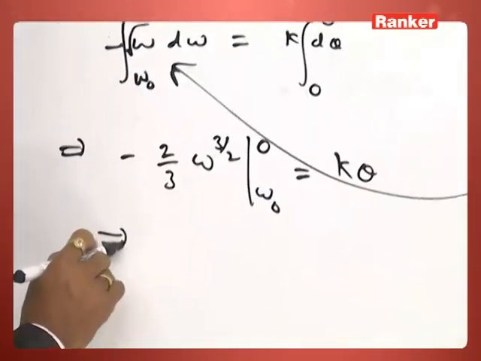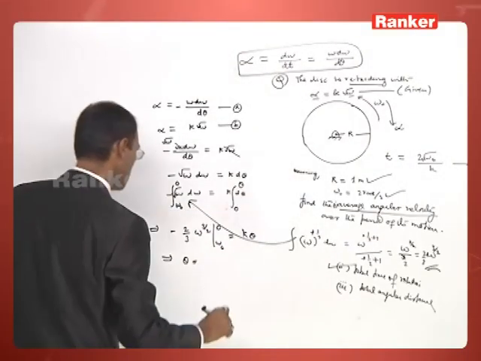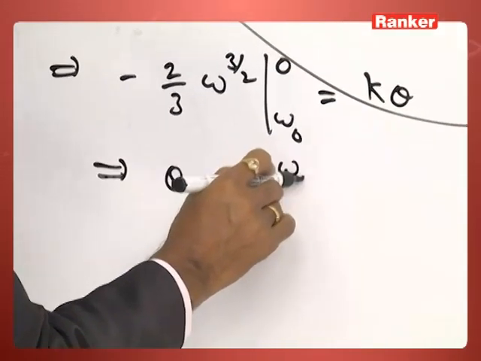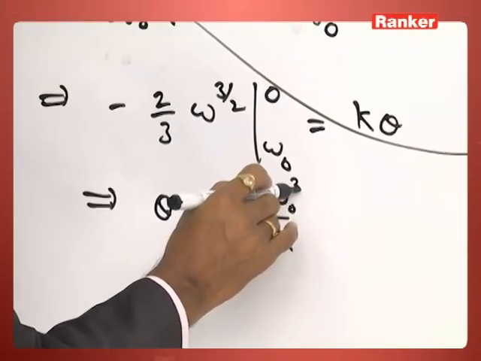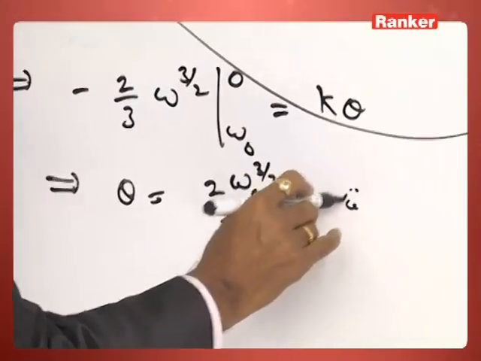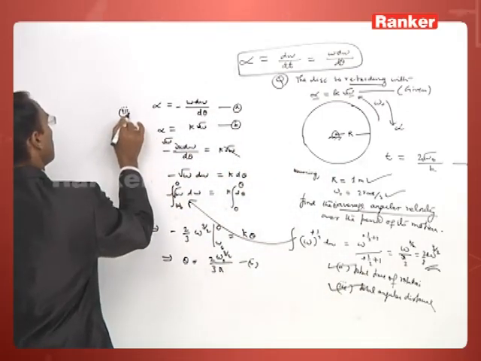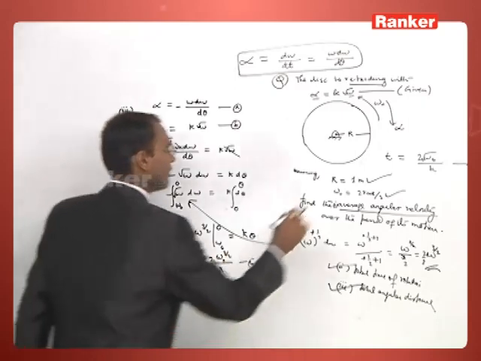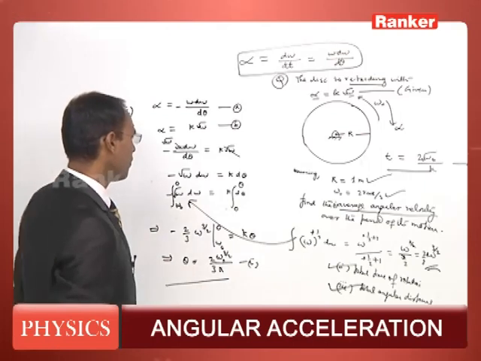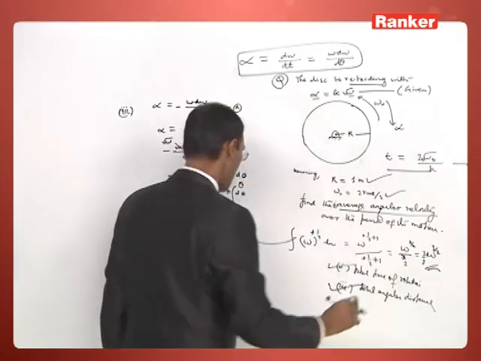This gives us the total angle described by the rotating disc before it stops, equal to 2 by 3 omega naught to the power 3 by 2 by k. This is equation number 2. So the total angular distance we calculated. When you get the total angle and we got the total time, taking the ratio, we can get the average angular velocity.